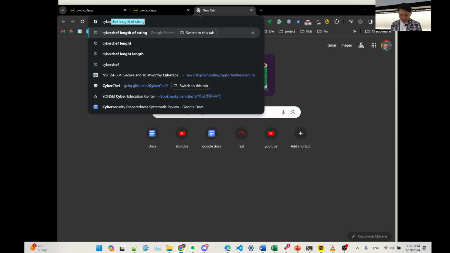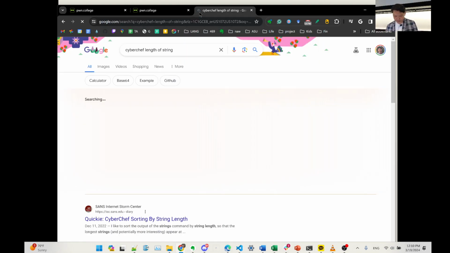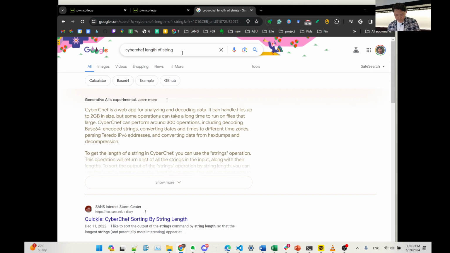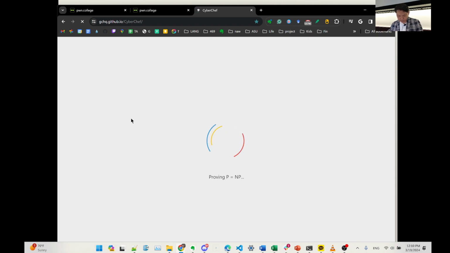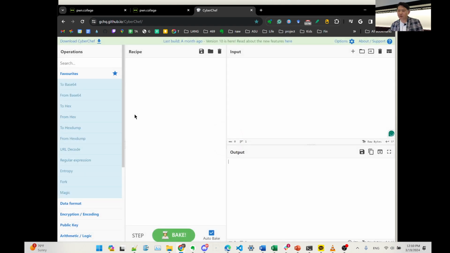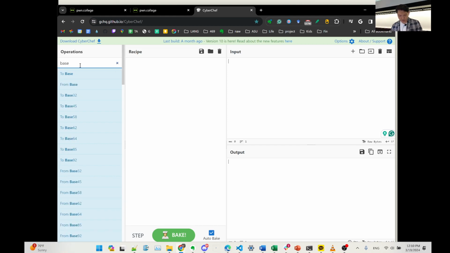You know this website, CyberChef? It is very useful for cryptography. So you can see we can decode some encoded data with base64.